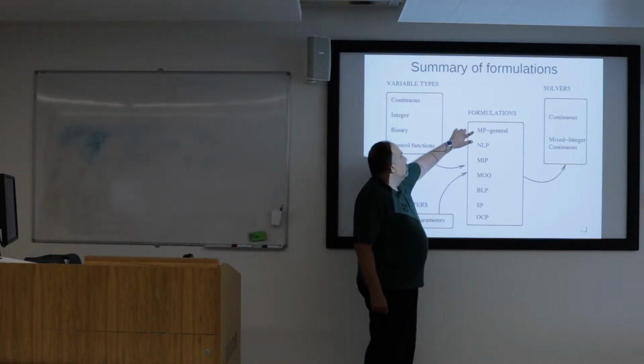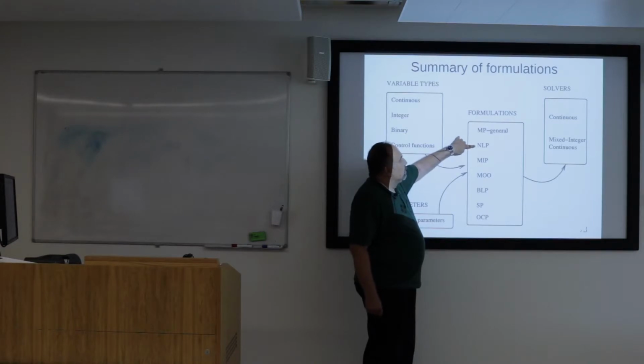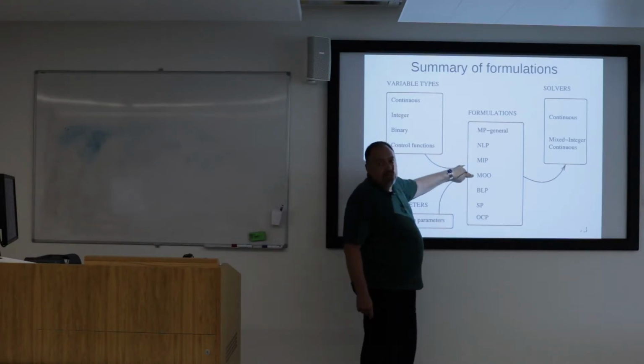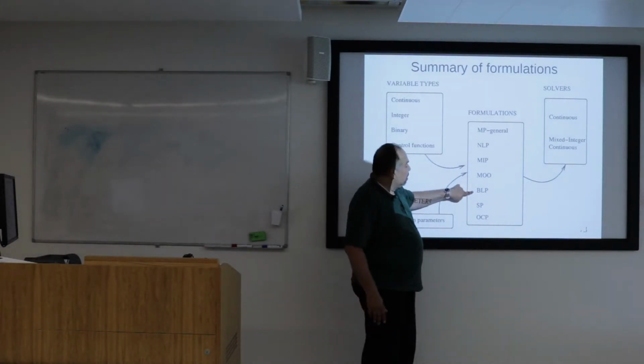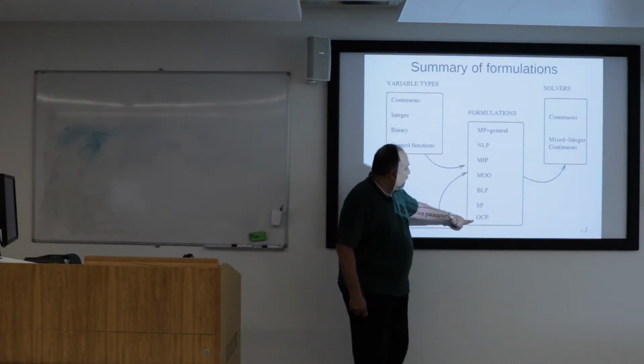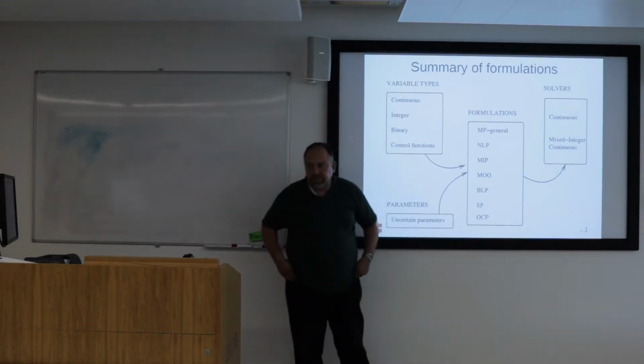So you have the mathematical programming general formulation, which can be classed into nonlinear programming, mixed integer programming when you have integer variables, multi-objective optimization, bi-level programming when you have one optimization problem nested into another, stochastic programming, which we just looked at, and finally, optimal control problems.